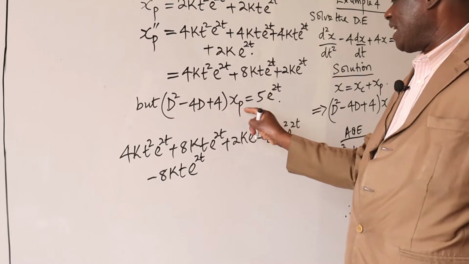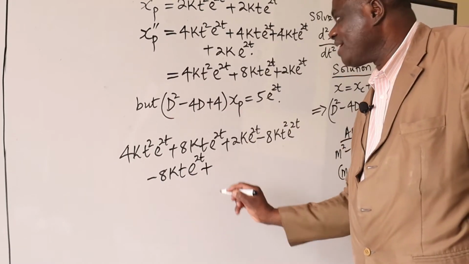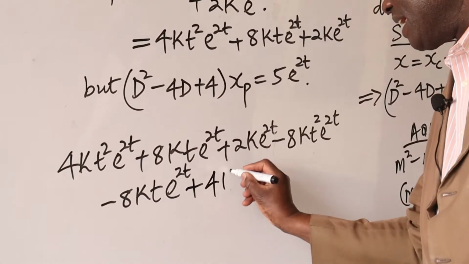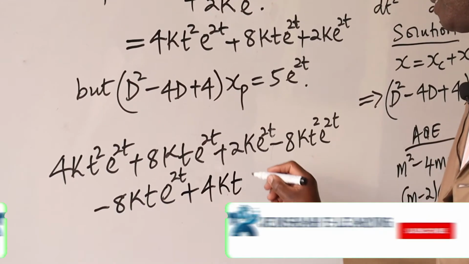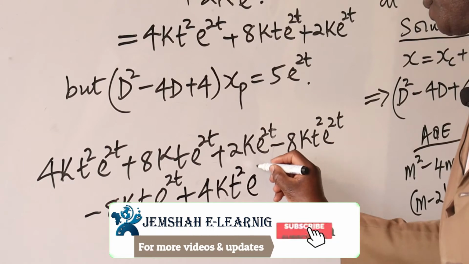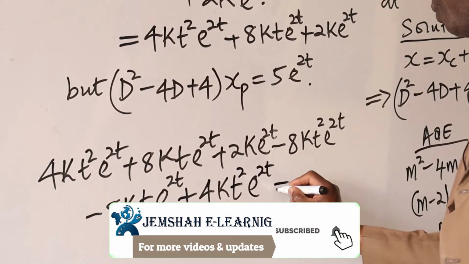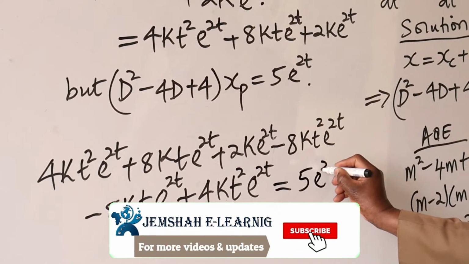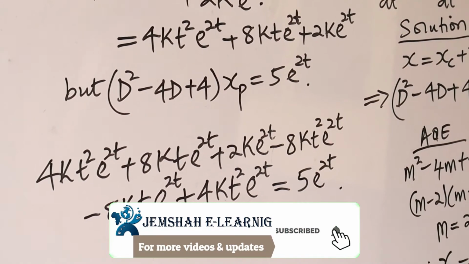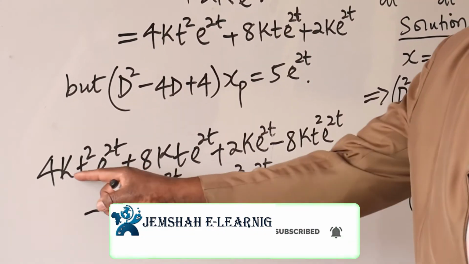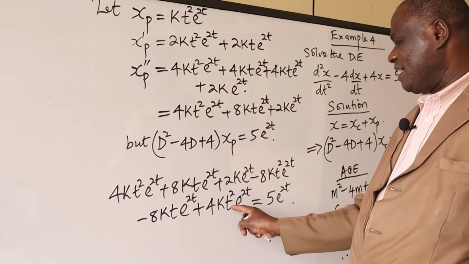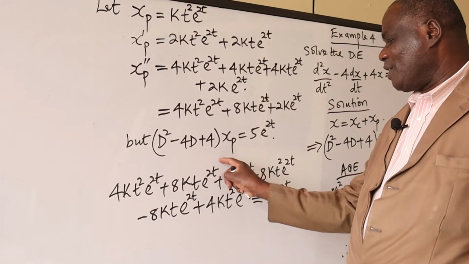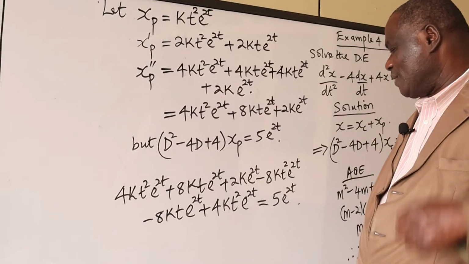Now plus 4 times the value of xp, so 4 times this: 4k t squared exponential 2t, which will be equal to 5 exponential 2t. Now this 4k t squared plus this is 8, 8 minus 8 is 0. 8k t exponential 2t minus this 8 is also 0.